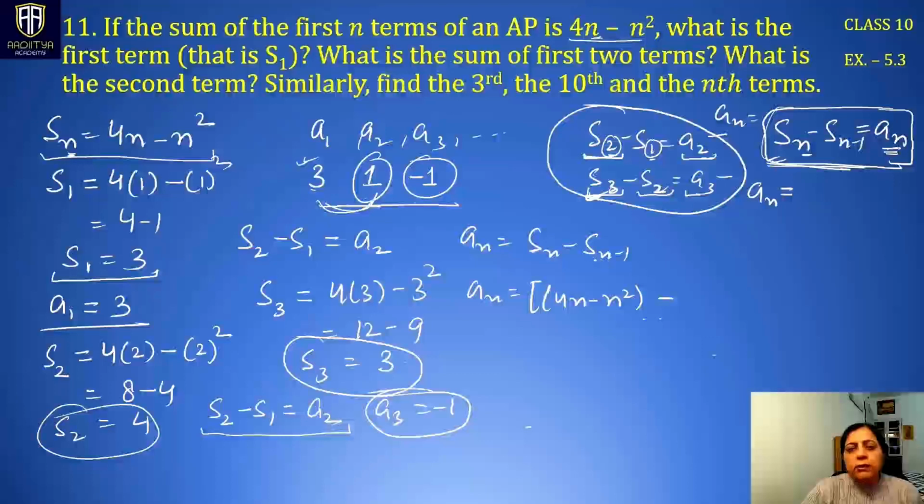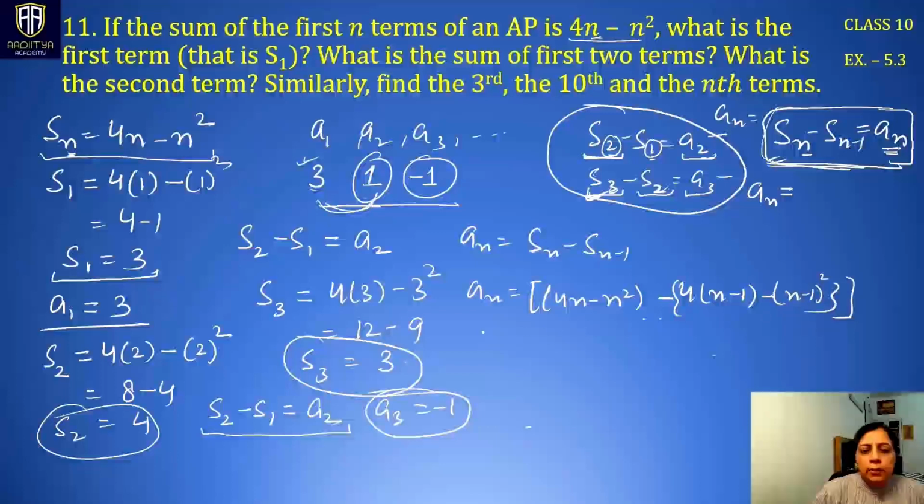Now we have to find the sum of n minus 1 terms. I can simply substitute the value of n by n minus 1 in the given formula. So it becomes 4 times n minus 1 minus n minus 1 whole square. Right? This has to be calculated now.